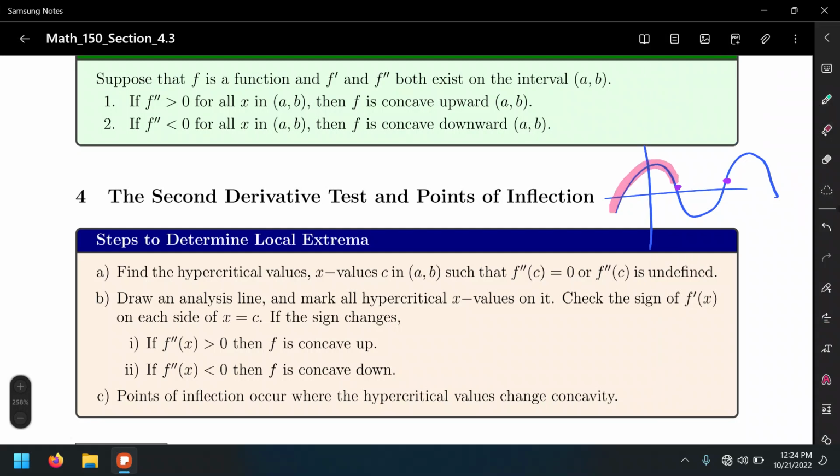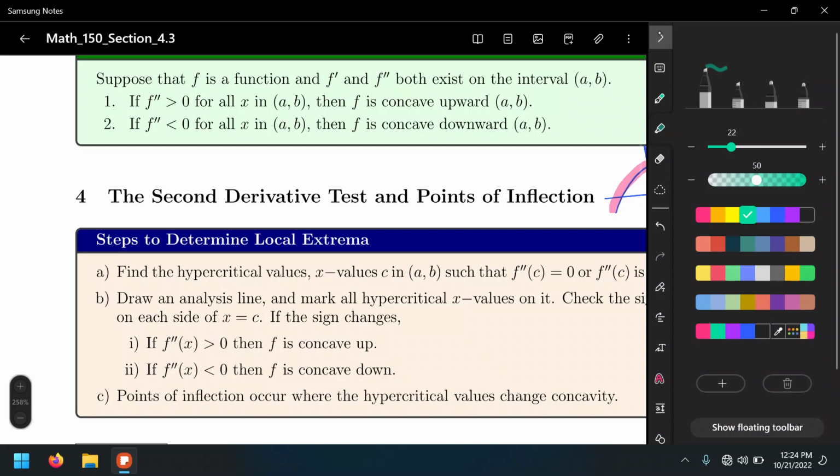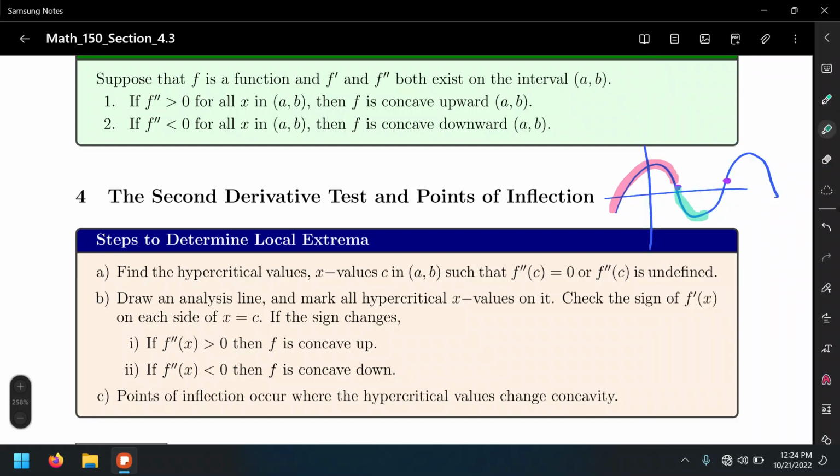At this point, the graph changes from concave down to concave up, and then at this other point, the graph becomes concave down once again. Those are the points of inflection, also known as turning points. The graph turns from concave up to concave down, or vice versa.